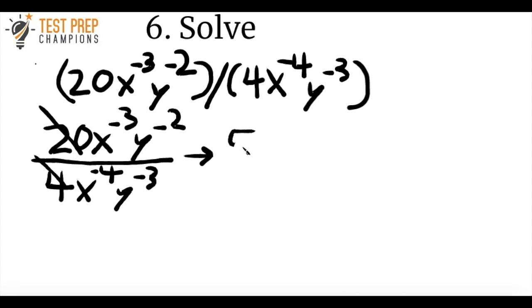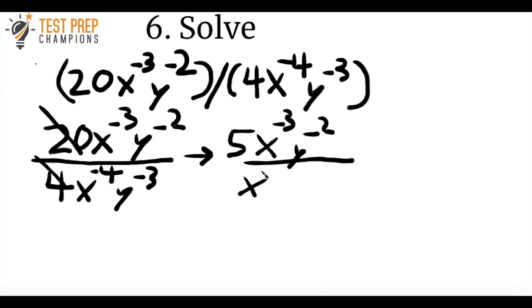Now we've got 5 times x to the negative 3 times y to the negative 2 divided by x to the negative 4 and y to the negative 3. Let's just pull the 5 out of the picture here.